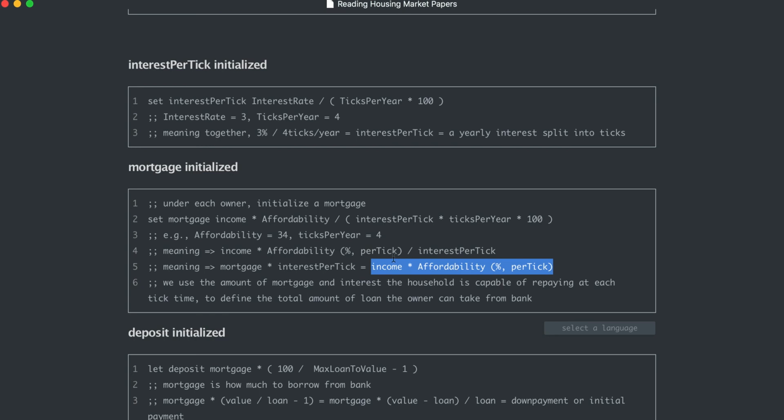If we know income, affordability, and interest per tick, then we can calculate mortgage by using the right part divided by interest per tick. That's how this formula comes from. So we find the mortgage formula by this relationship.